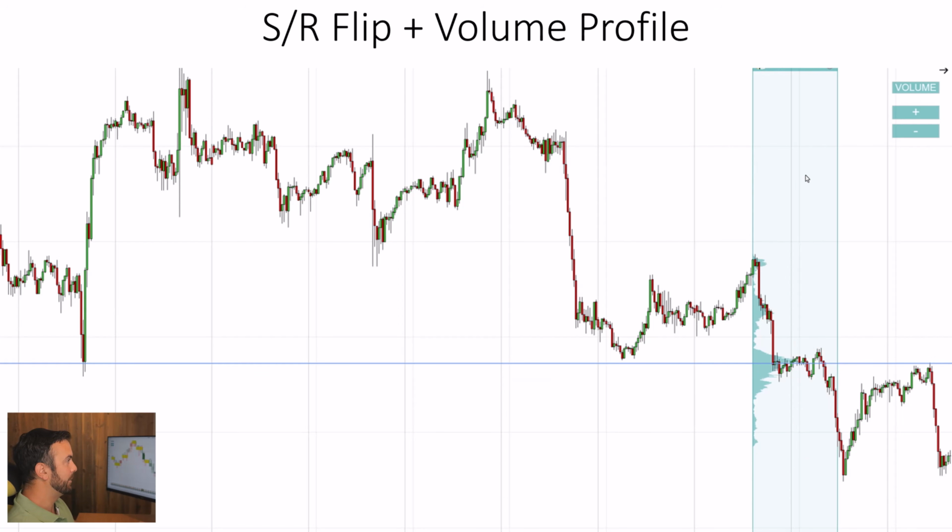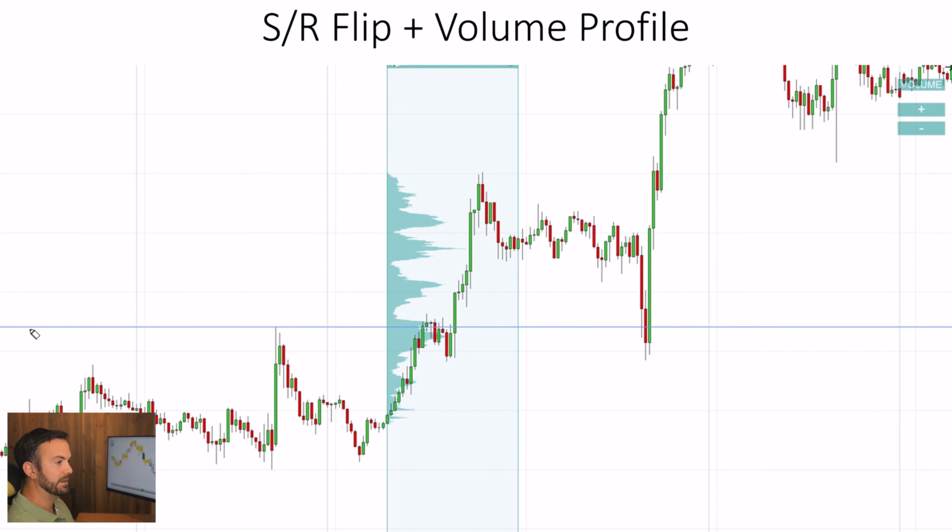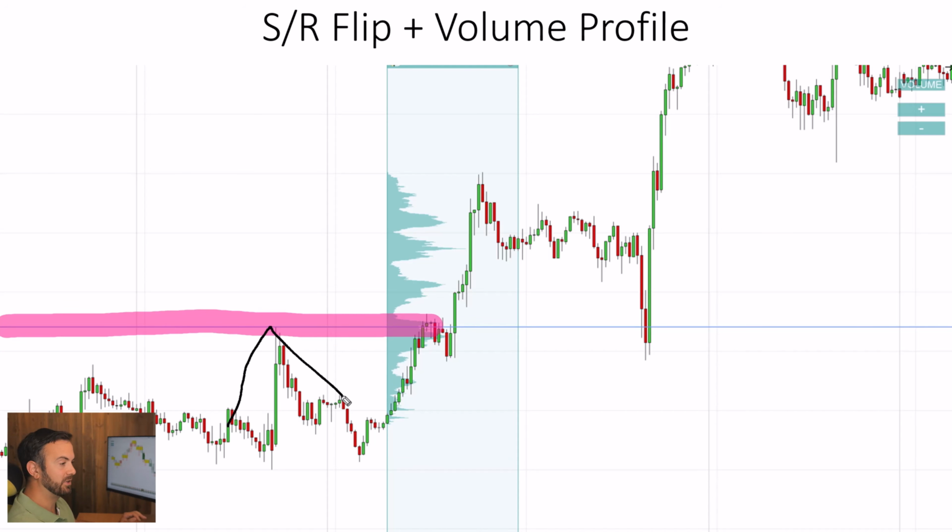Now let me give you another example. In here, you can see that the price made a nice reaction to this level. If the reaction is sharp and strong and big like this one, the better, right? So in the past, this was a resistance because there was this reaction. Then the price went past it, forming those heavy volumes as it went through it, and that turned that resistance into new support.